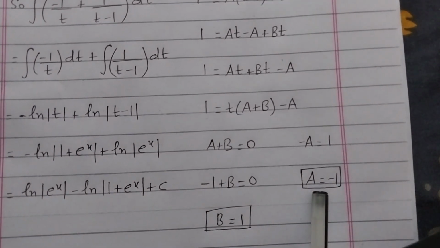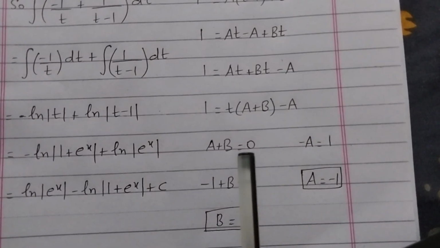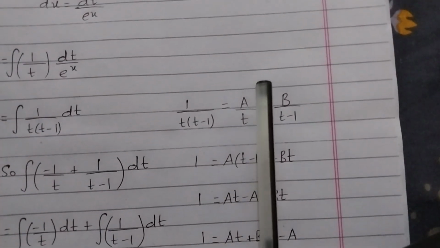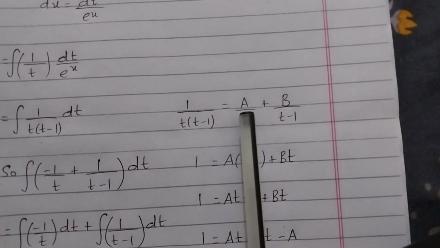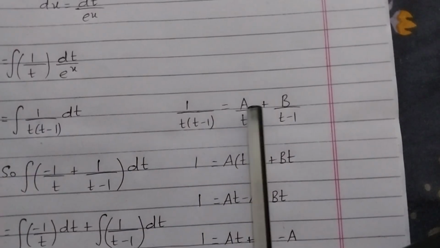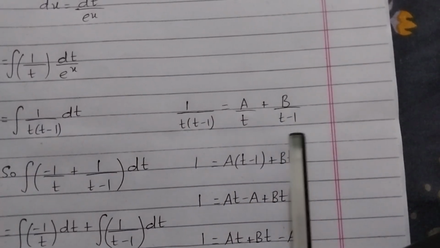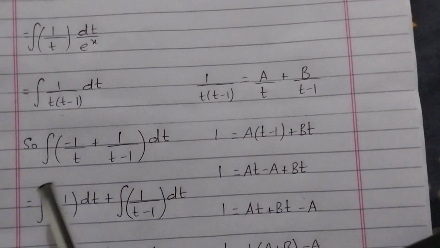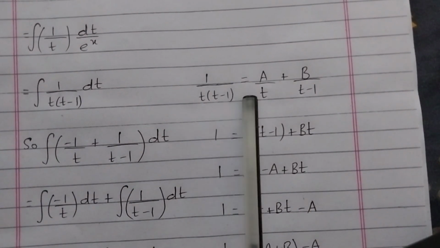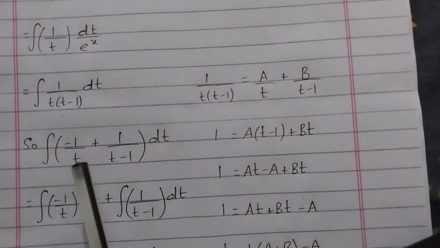So we have found the values of a and b, and now we can just put these values in that equation and we'll get our fractions. a was minus 1, so 1 over t times t minus 1 is equal to minus 1 over t, plus b was 1, so 1 over t minus 1. Here I have written that 1 over t times t minus 1 is equal to minus 1 over t plus 1 over t minus 1.